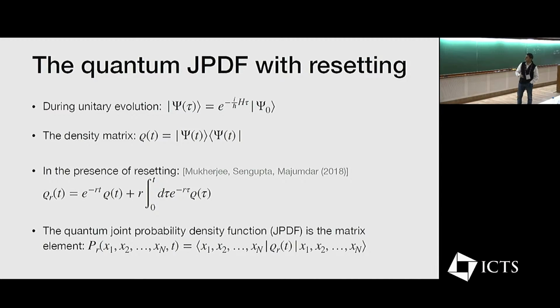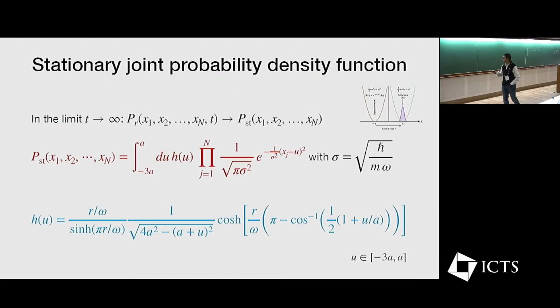As in the classical stochastic resetting, here also you can write down the evolution of the density matrix in the presence of resetting. This is the work done by Christian Du and Satya some time back. Once you have this, you can write down the quantum joint probability density by just this matrix element, the diagonal term of the density matrix.